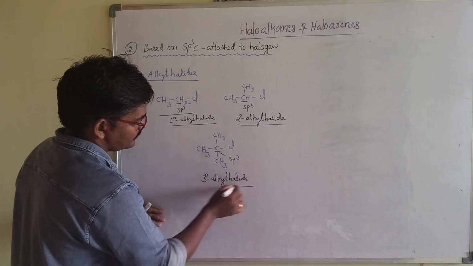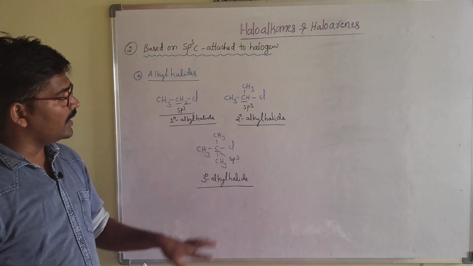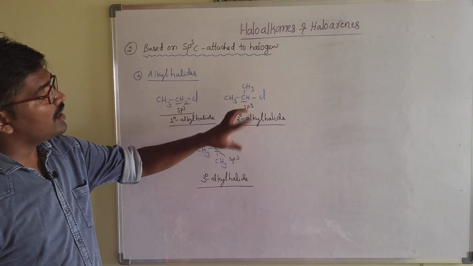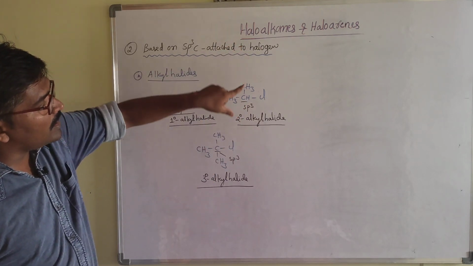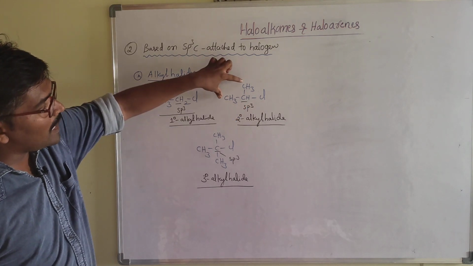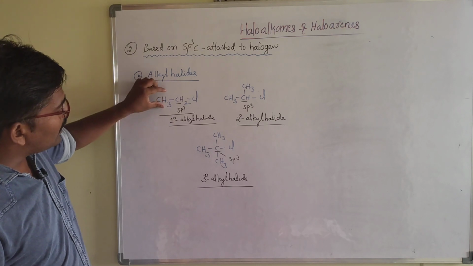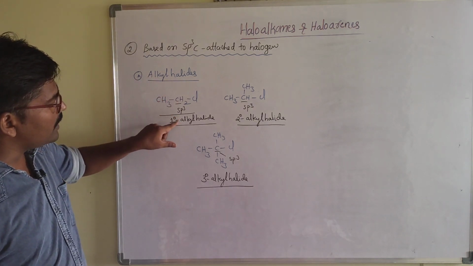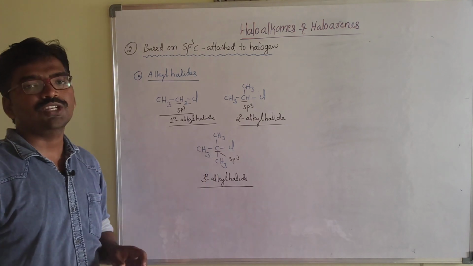So tertiary carbon this is, so tertiary alkyl halide. Secondary carbon this is. How can you say it is a secondary carbon? Two alkyl groups are attached to a carbon, then we call it secondary. One alkyl group is attached to a carbon, then primary. Three alkyl groups are attached to a carbon, then we call it tertiary.